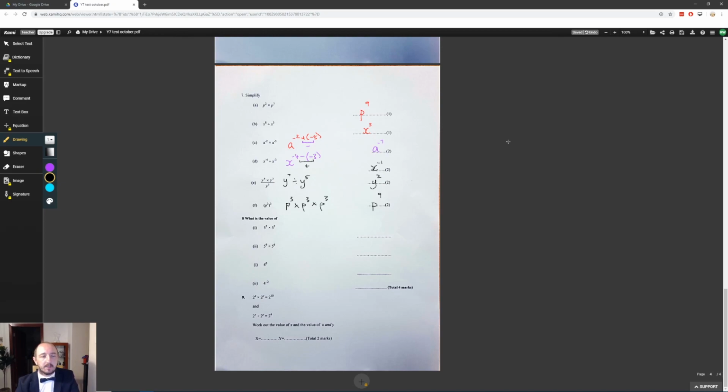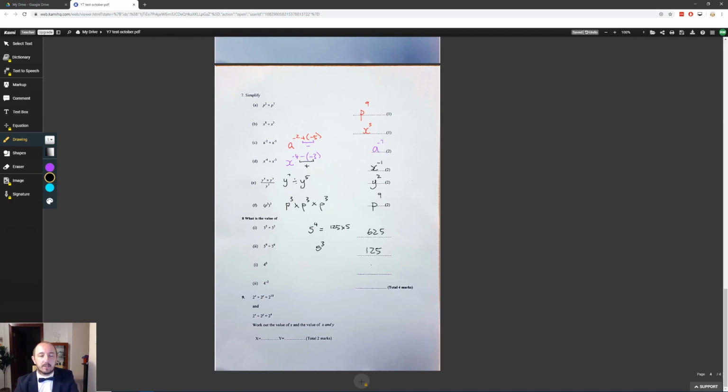What is the value of 5 squared times 5 squared? So 5 squared times 5 squared is 5 to the power of 4, so we can work that out. So 5 times 5 times 5 times 5 is 625. 5 to the power of 9 divided by 5 to the power of 6 is 5 cubed, because we subtract the powers. 5 cubed is 125.